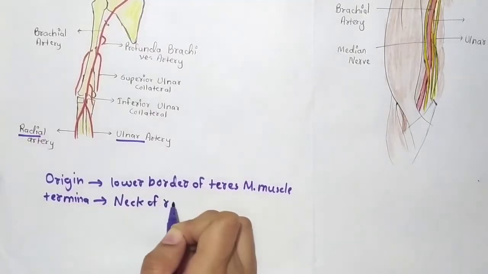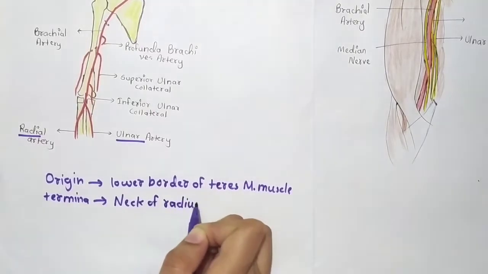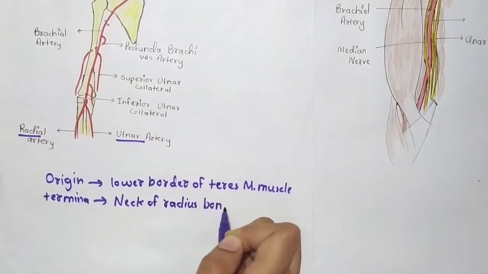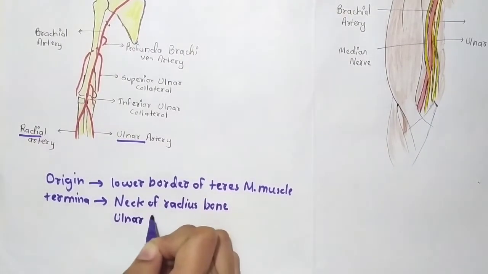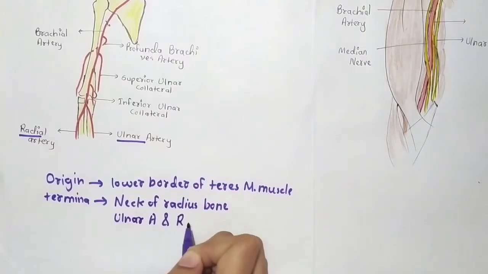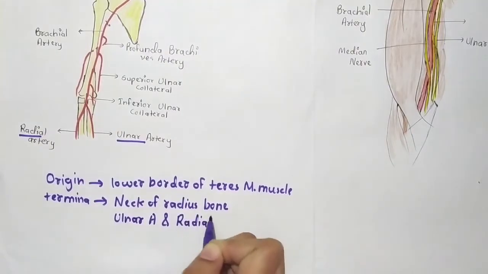At the neck of the radius, it terminates into the ulnar artery and the radial artery.